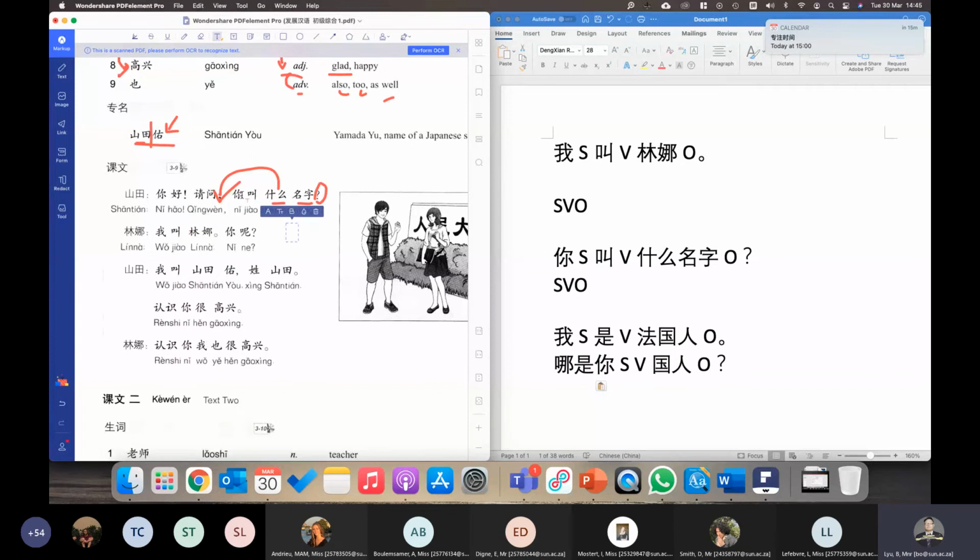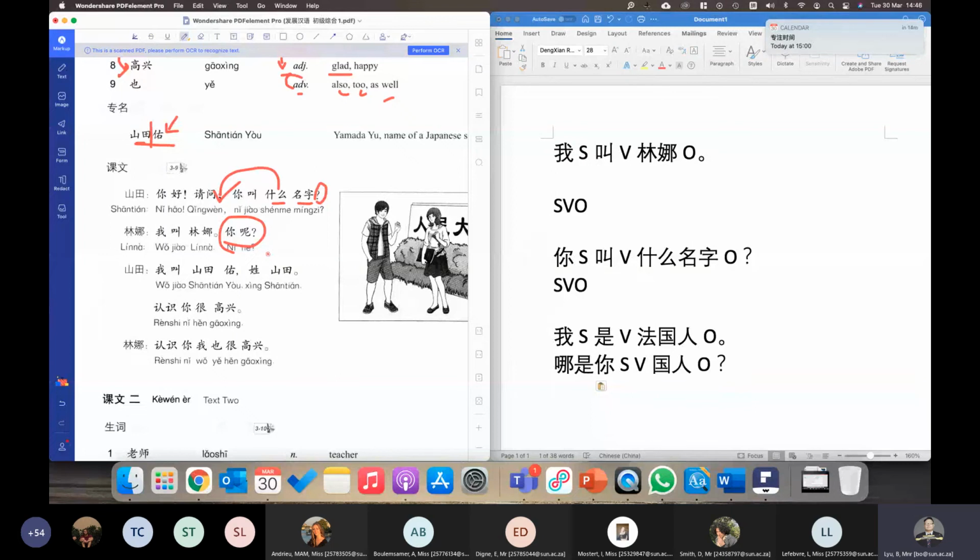你好, may I ask what's your name? 你叫什么名字? 我叫琳娜. The answer is I am called 琳娜. And we see this again. 你呢? You will see this quite a lot because it's an and-you form. Chinese people are lazy. Always put that in your mind.